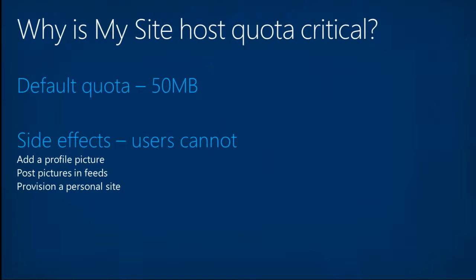But if you're involved in a larger deployment with more users, then after you deploy SharePoint and set up your my site host site collection, this is the first thing that you should maybe revisit. Try to increase the default quota to something higher than 50 MB.